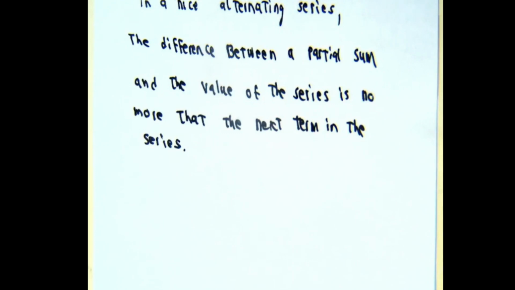So in one of these nice alternating series, if I calculate a partial sum, this in a sense is an approximation to the value of the series. I can give you an estimate for how good it is by looking at how big the next term in the series is.